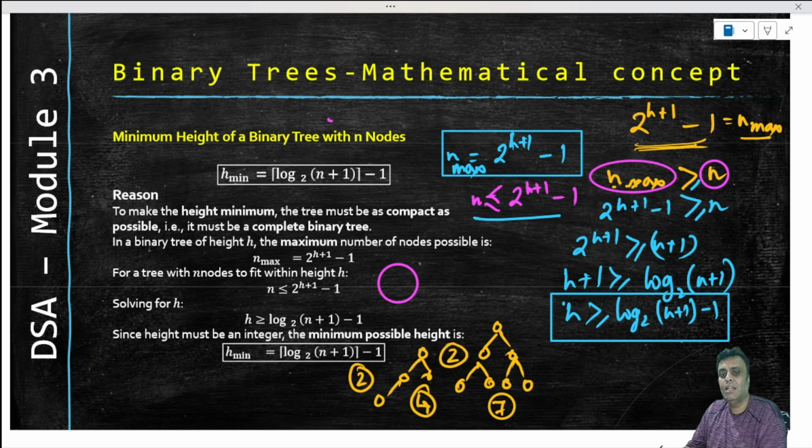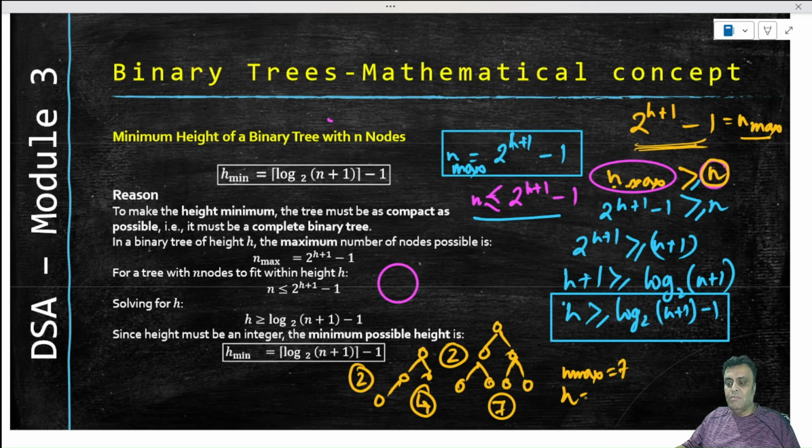So what I'm trying to say is that with the same height you can have a lesser number of nodes also, right? The same height can actually be created with fewer nodes also, and therefore your n will be less than the maximum that is needed for substantiating this height. So n max here is 7 for a height of 2.